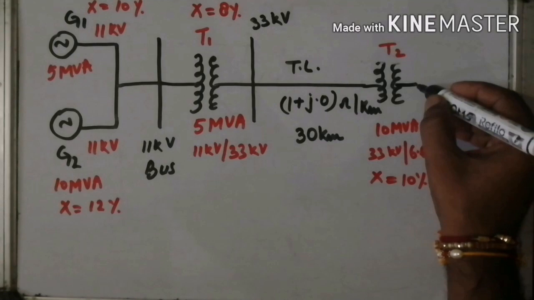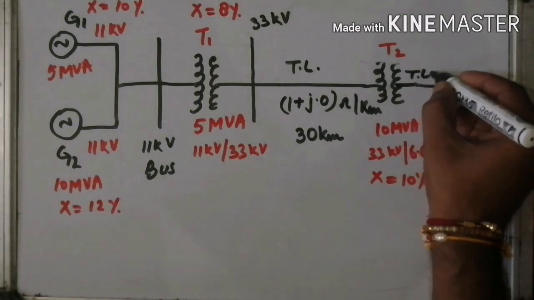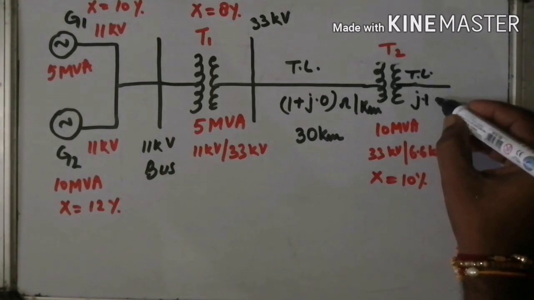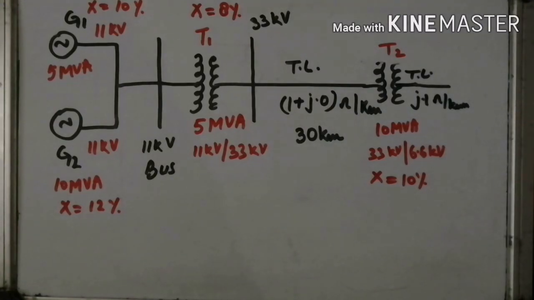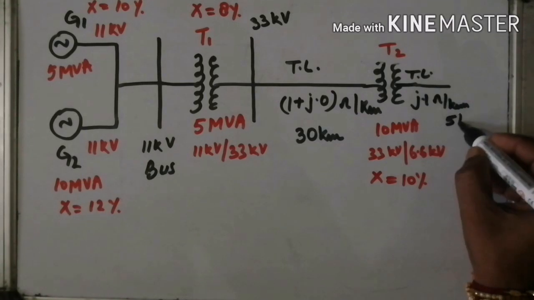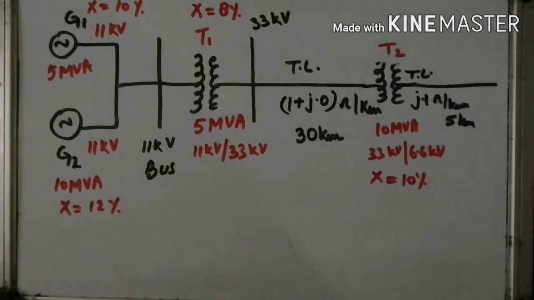Then after transmission line, it is J1 ohm per kilometer. The length of this transmission line is 5 kilometer, right?